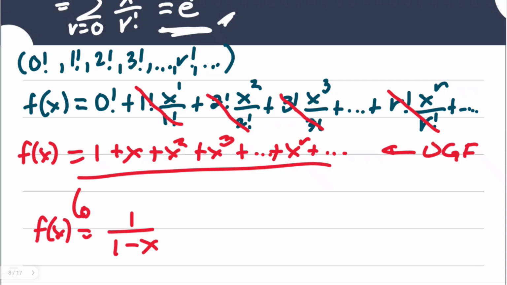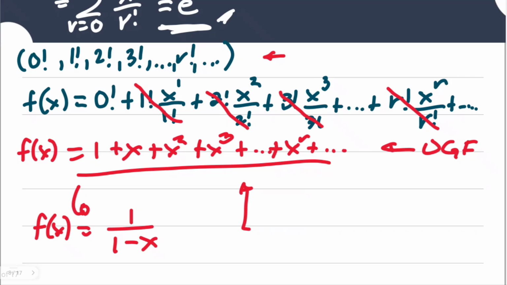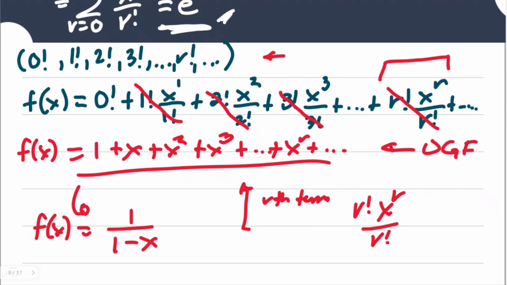So this is the connection between the exponential generating function, given with this sequence, and the ordinary generating function, because at the rth term, you can have r factorial times x to the power of r over r factorial. This stands for all the summations you're going to do for r equal to 0 to positive infinity.